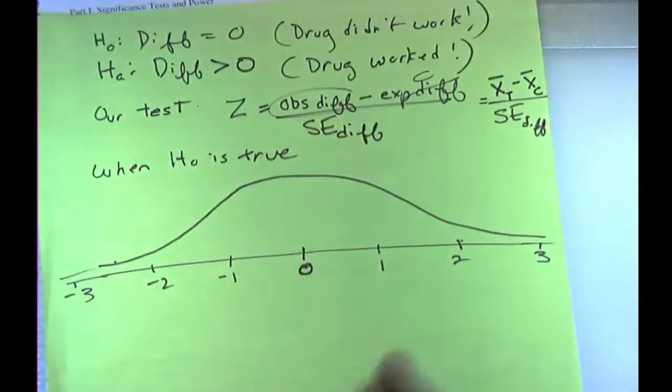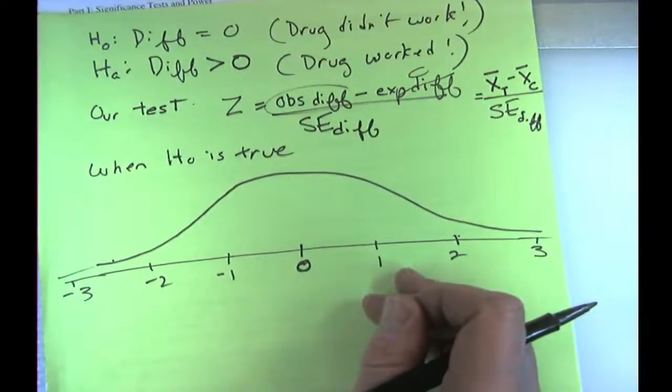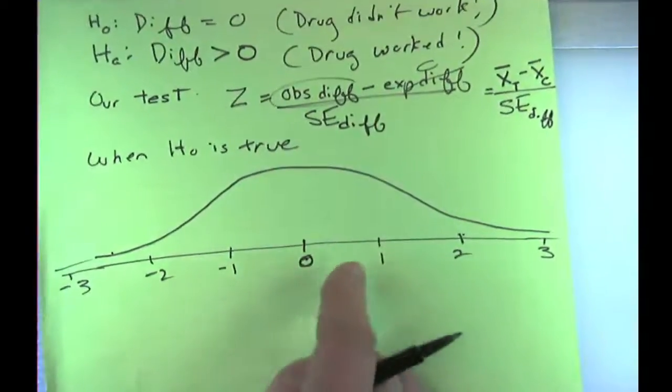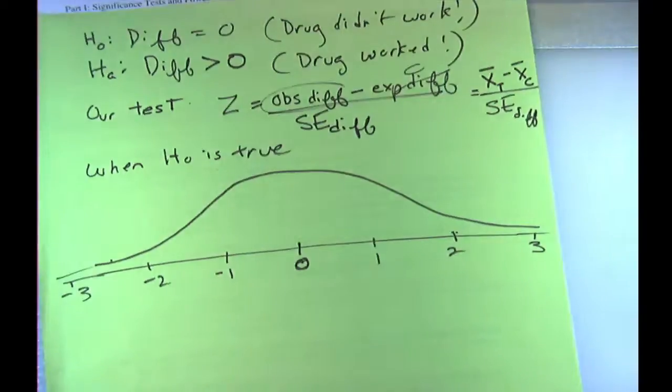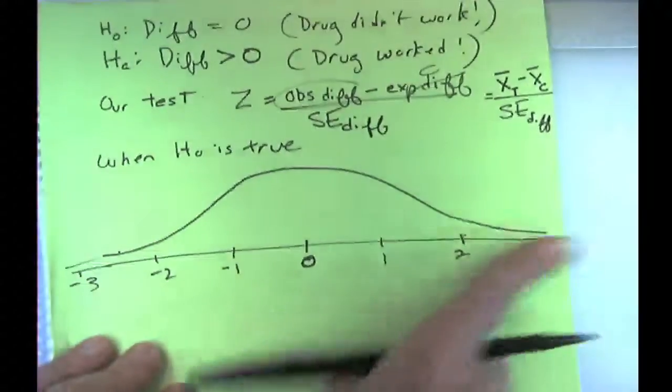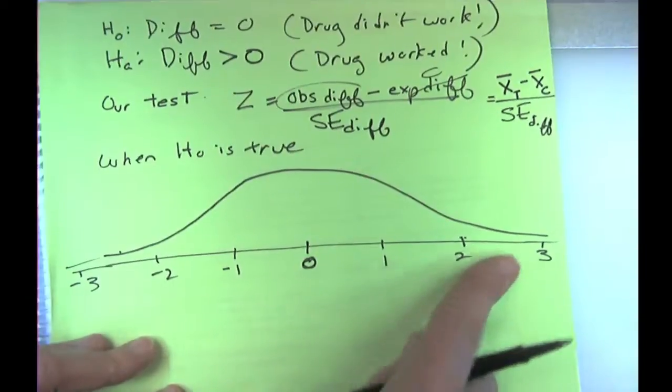I mean, that's as likely, really, as any other single ordered possibility. There's just a lot more ways to get close to here than to get that particular one. That would be way out here. Can you imagine that? I mean, it's possible, right?